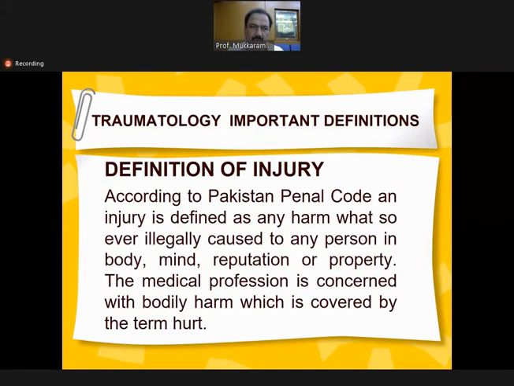I was giving you a little example. When you give a punch and there's a slight bleeding, this is called shajja khafifa, because the injury of head and face is called shajja. When you give a punch and a slight flap comes over it and the bone is exposed, it is called shajja mudiha.